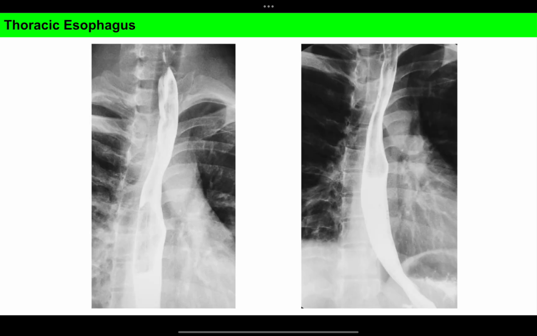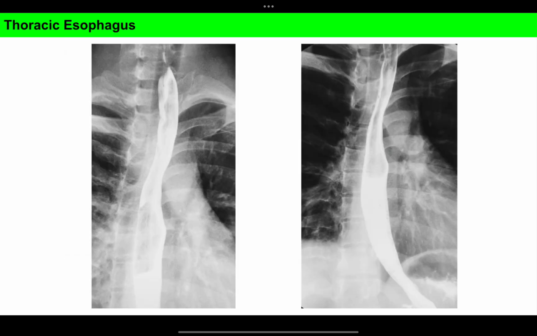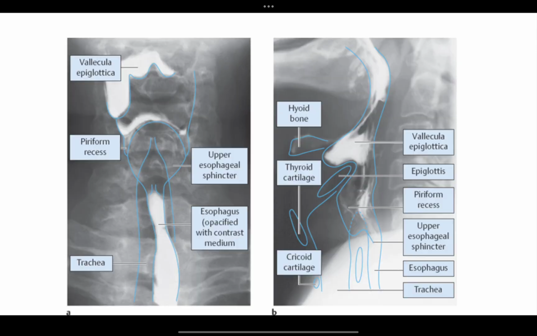Here you can see the thoracic esophagus, and the esophagus also has physiological narrowings. This is the anatomy of the esophagus on an X-ray image. The esophagus starts from the epiglottis and continues to the esophagogastric sphincter.